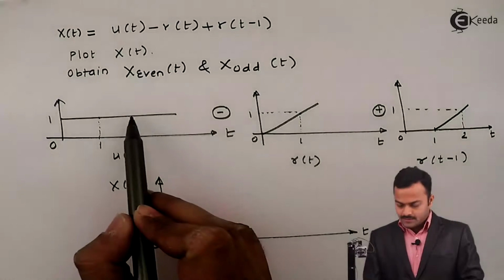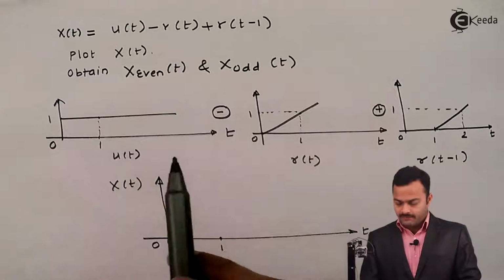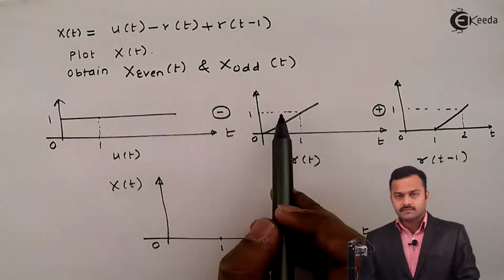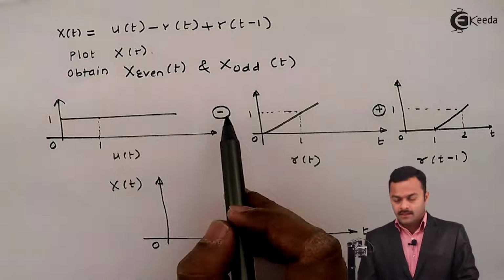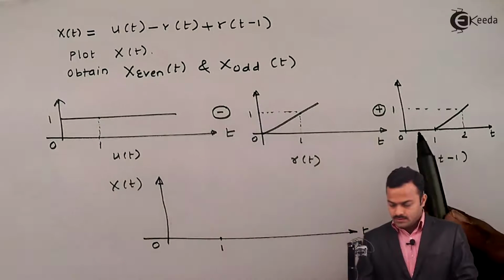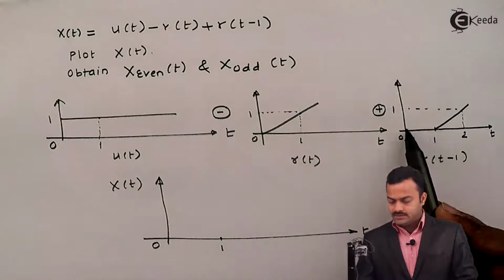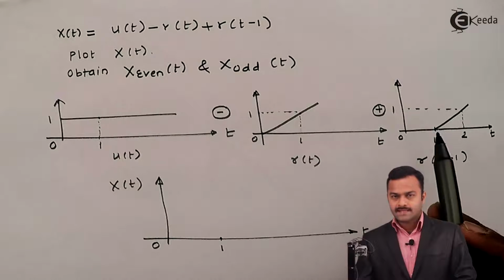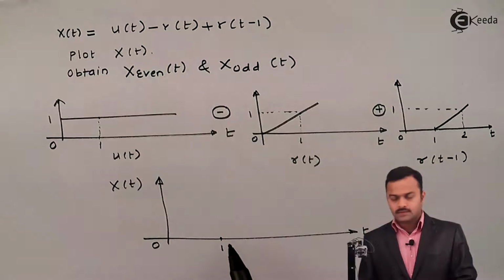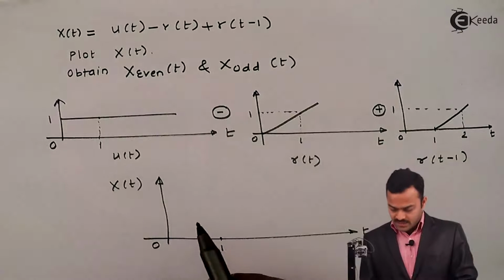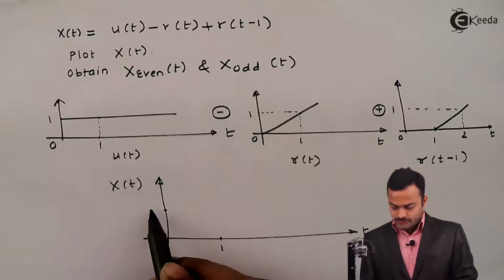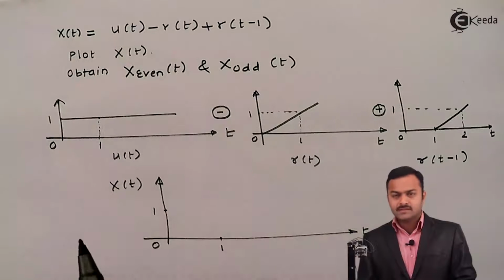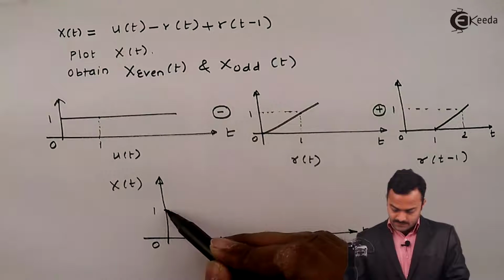If I subtract these two slopes, I get 0 minus 1, which is nothing but minus 1, and this minus 1 I need to add to this 0. So in the end, the slope of the line will be minus 1 from 0 to 1. The value will start from 1 because of the unit step, and because of this ramp which is subtracted from the unit step, the resultant signal will be like this.